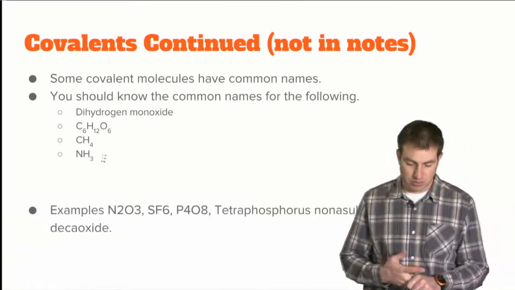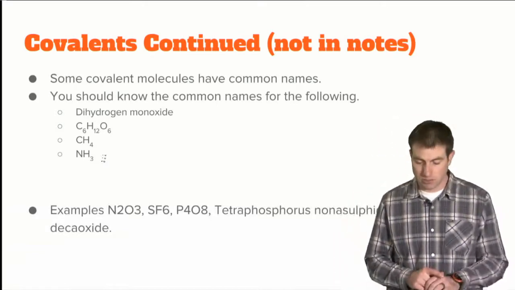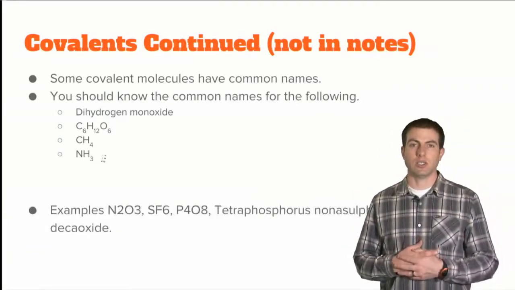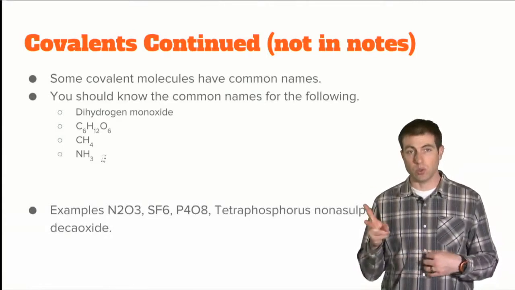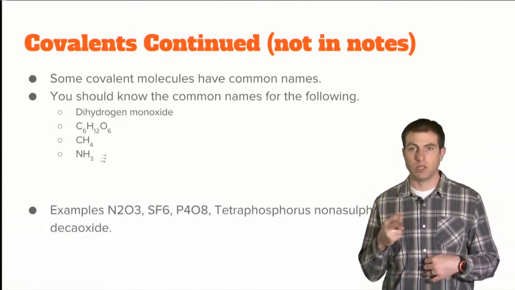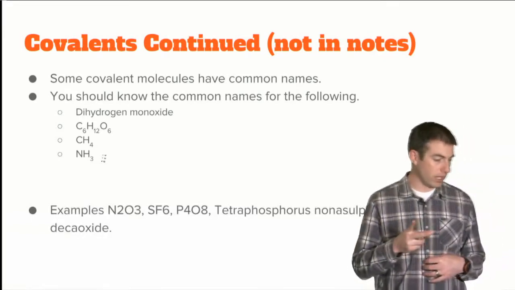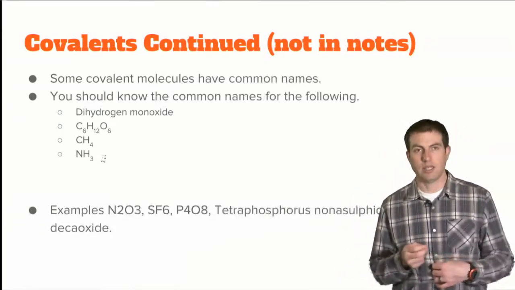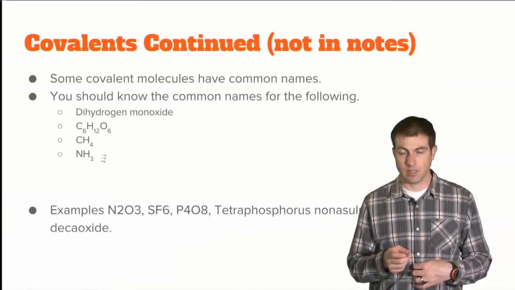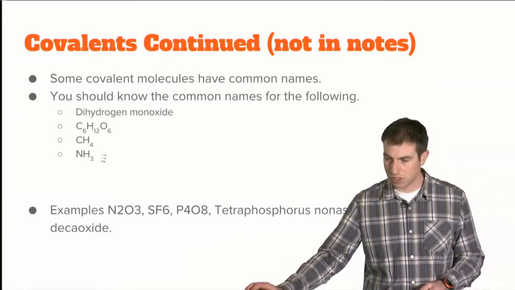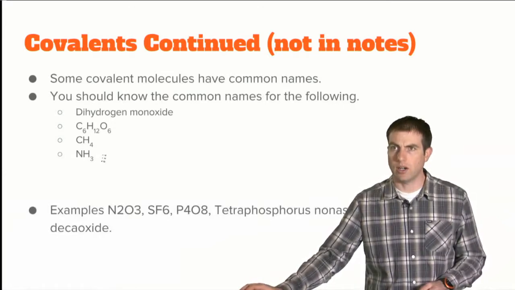We name the first element first, so N is nitrogen, and then oxygen gets changed to oxide. And then how many nitrogens are there? There are two. So what is the prefix for two? If you have a two-wheeled bicycle, you have a bicycle. In science, we call it di. So that's going to be dinitrogen trioxide.